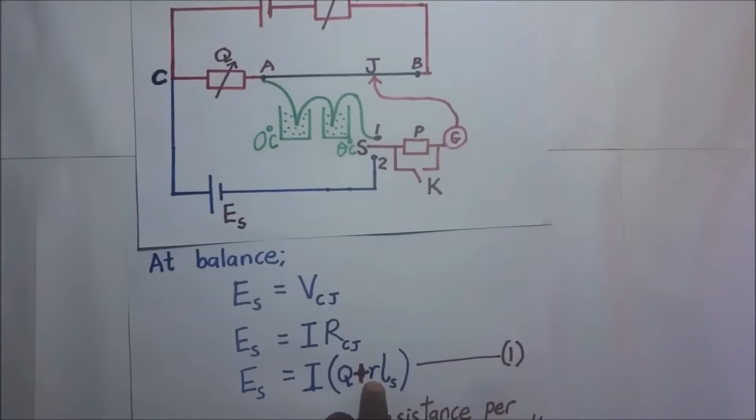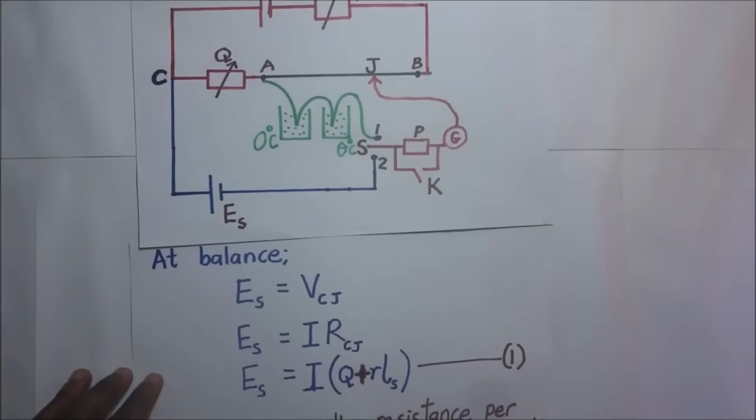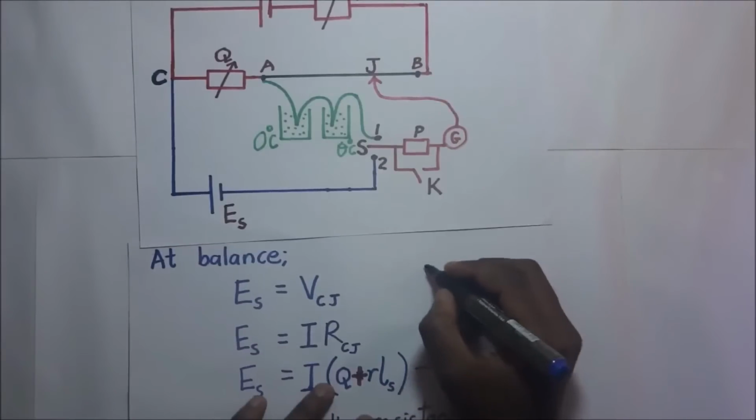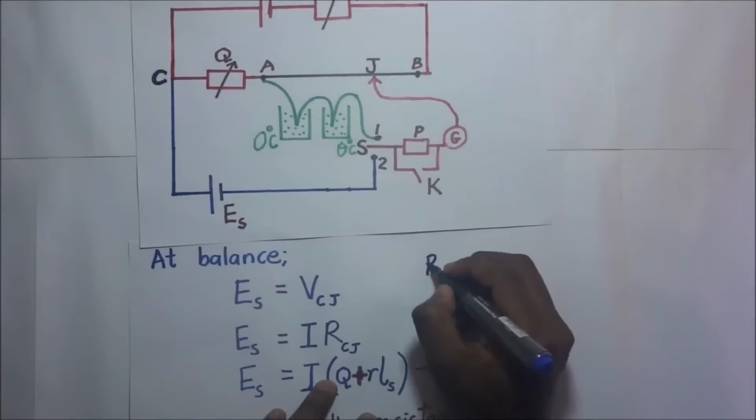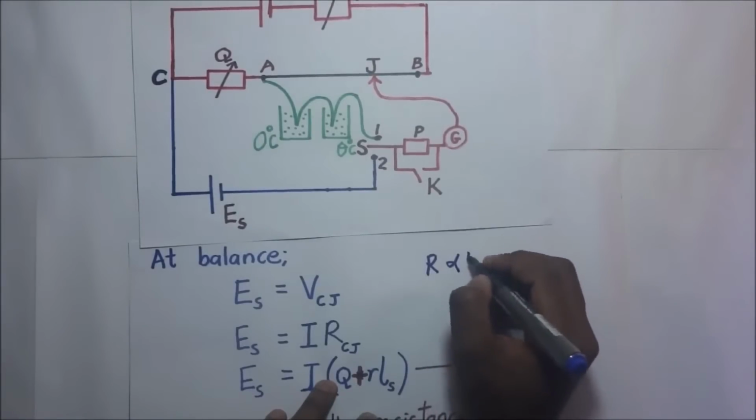Now, how do we get resistance per centimeter? Remember, we said earlier, one of the factors that affect resistance of a conductor is distance. The longer the distance, the higher the resistance. In other words, the resistance of a conductor is always directly proportional to the length.